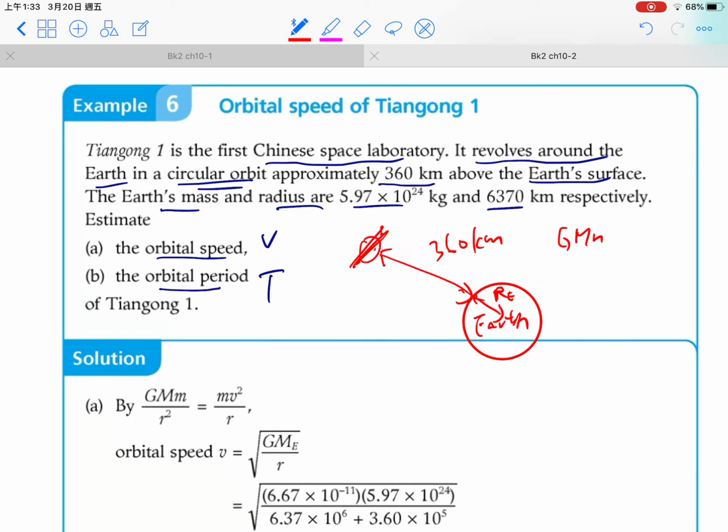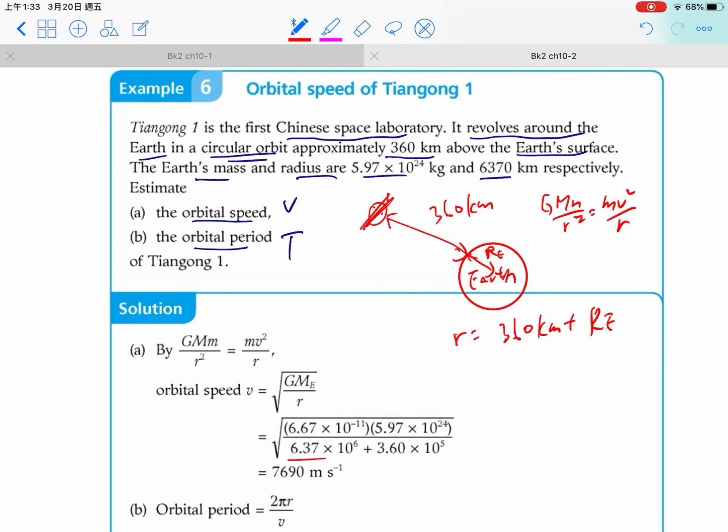So we can apply GMm over r squared equal to mv squared over r, because the gravitational force provides the centripetal force, so the space laboratory can move in circular motion. In this case, you need to know how to substitute r. r here is 360 km plus R_E.